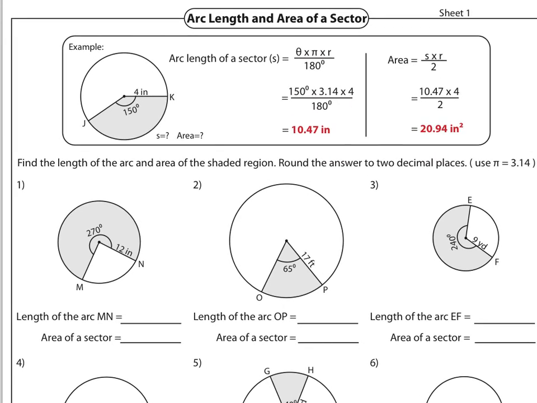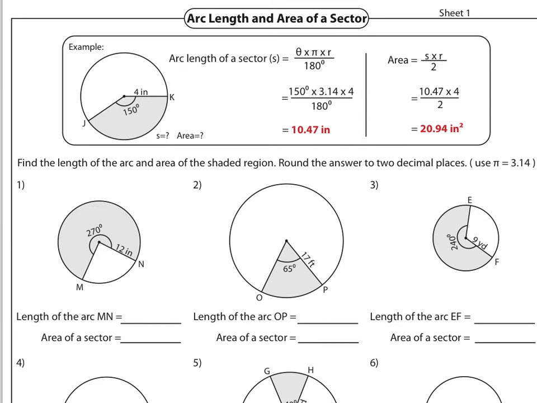If you take a look at this one, the example tells you the arc length of a sector. If you remember, arc length is where you do the circumference. Arc measure is different than arc length.